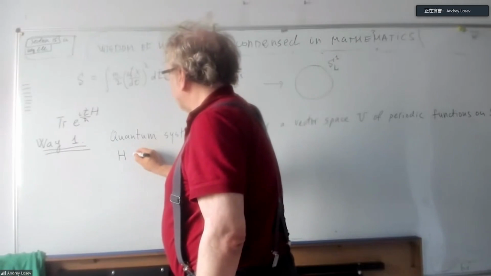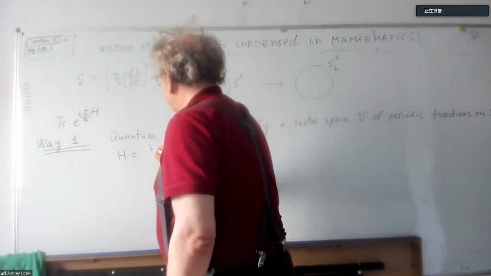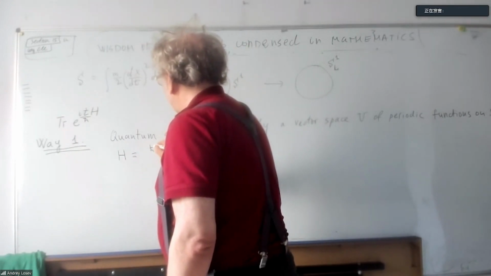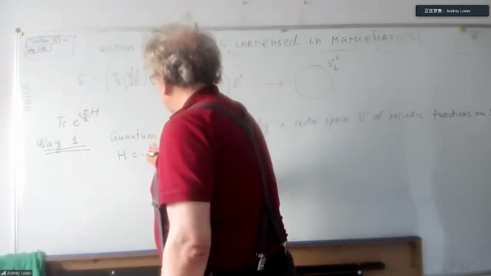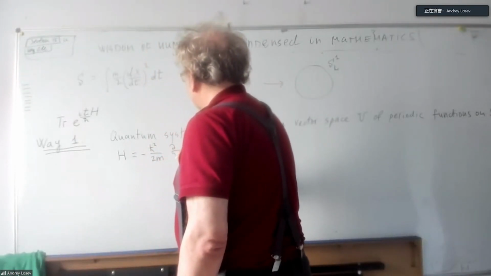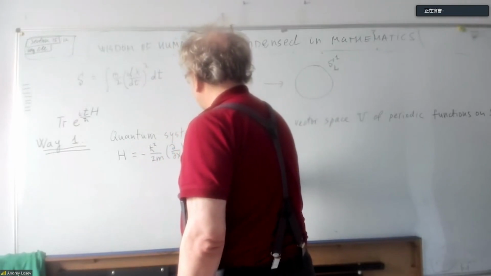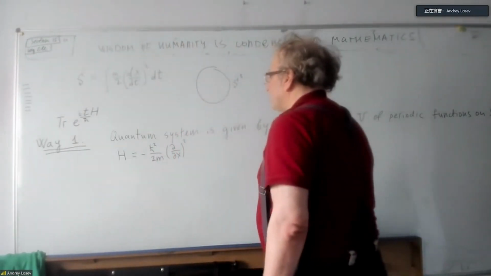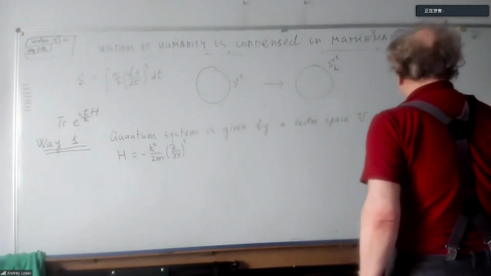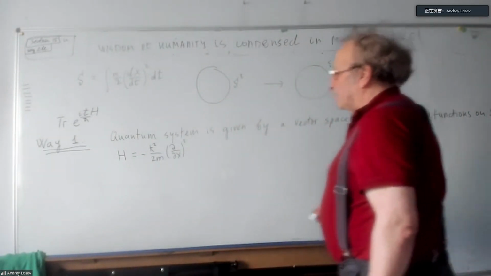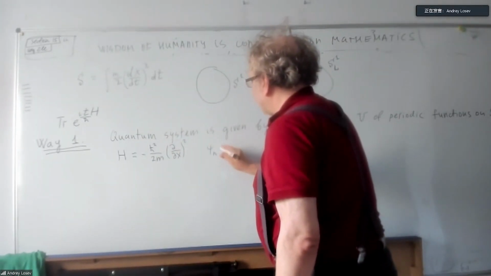With Hamiltonian that equals h squared times minus d over dx squared. So a function is periodic if it is of this form.